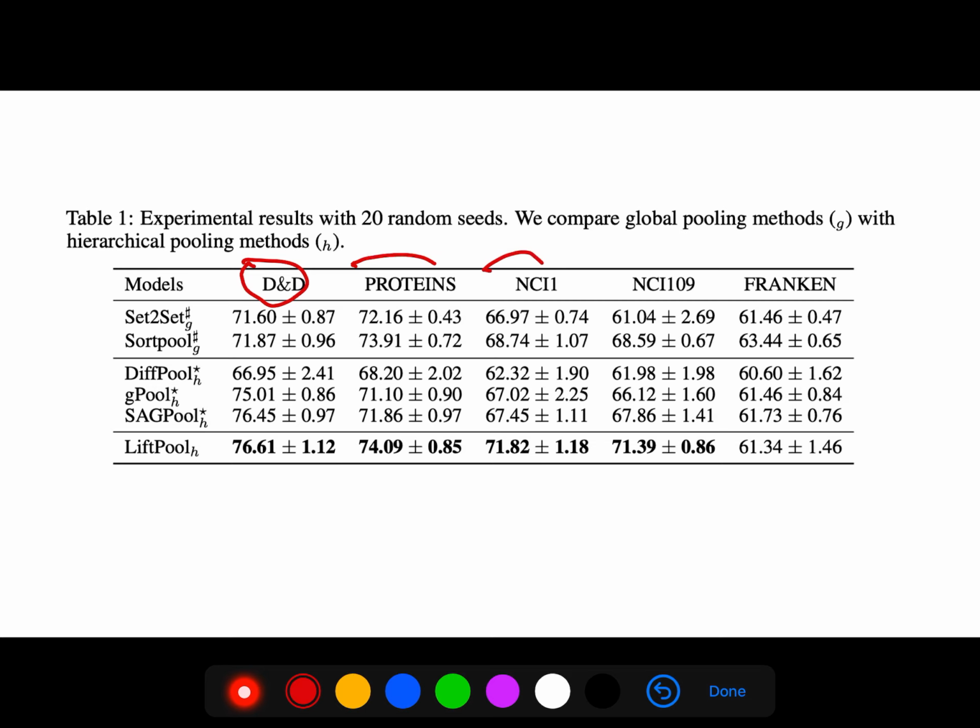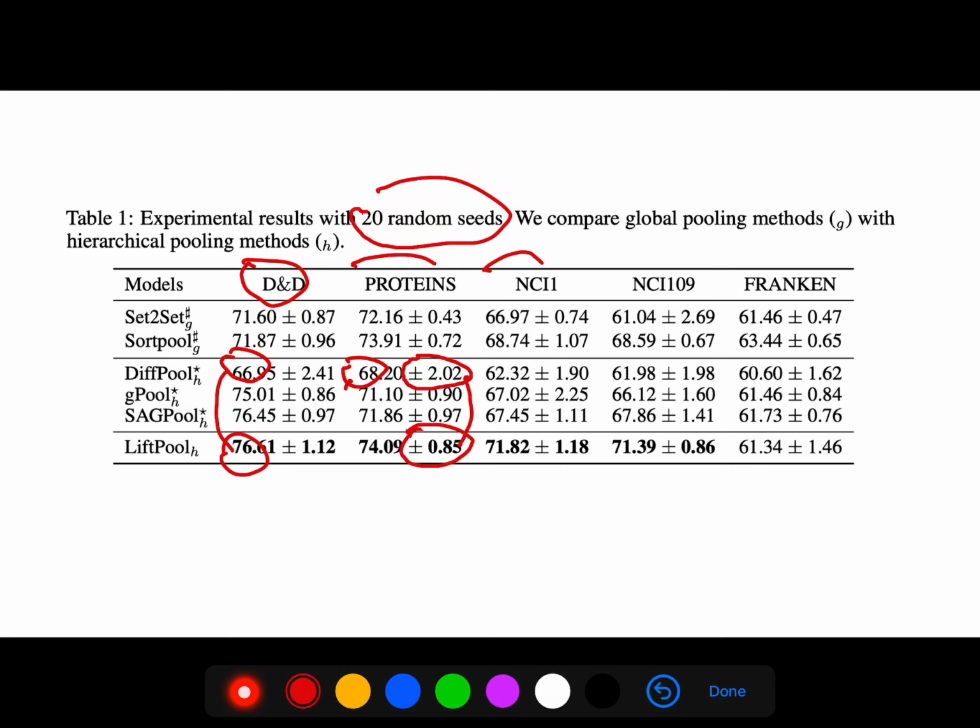You see that it is better than LiftPool. They've done it for 20 random seeds, so that's why they can also capture the variance of that. So the variance is reduced when you go from LiftPool to the proposed version.